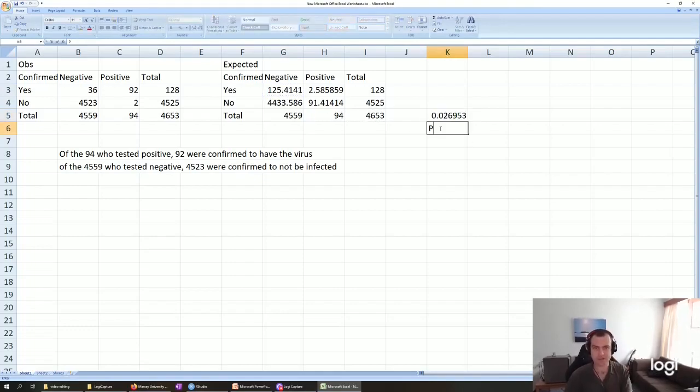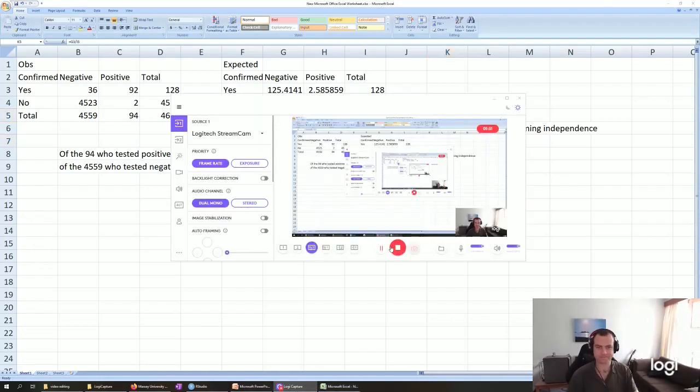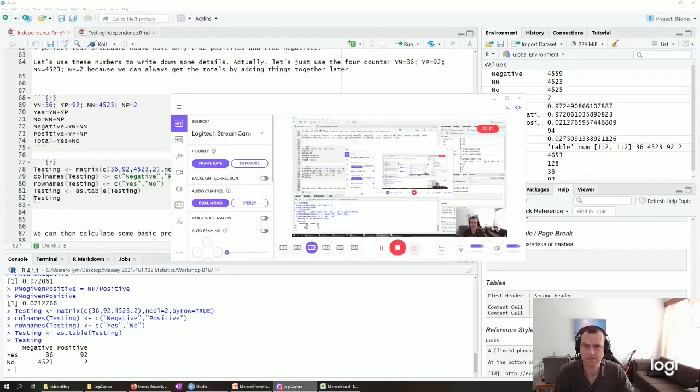So the probability of yes and negative, assuming independence, is 0.02, or 0.03 if you're rounding to the nearest 2 decimal places. Great.